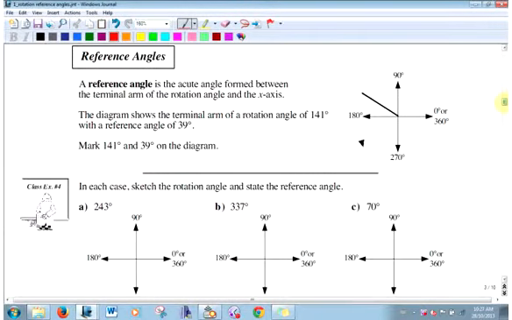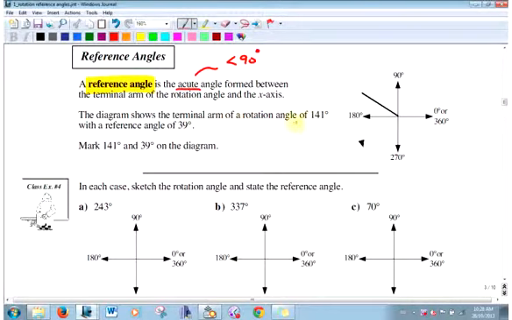Reference angle, what's that? This you need to know. We'll be doing lots of this. It's the acute angle. What does acute mean? Less than 90. Formed between the terminal arm of the rotation angle and the x-axis. Here's my terminal arm.